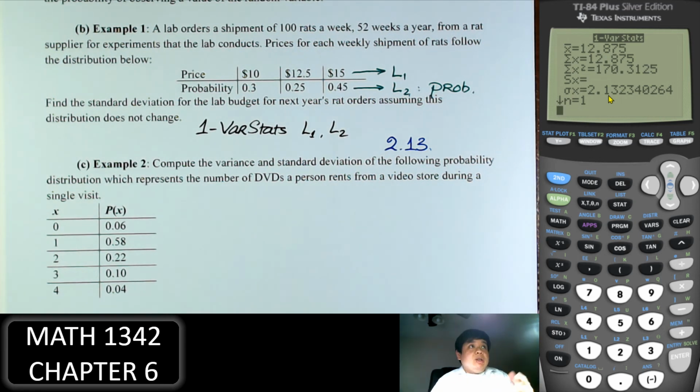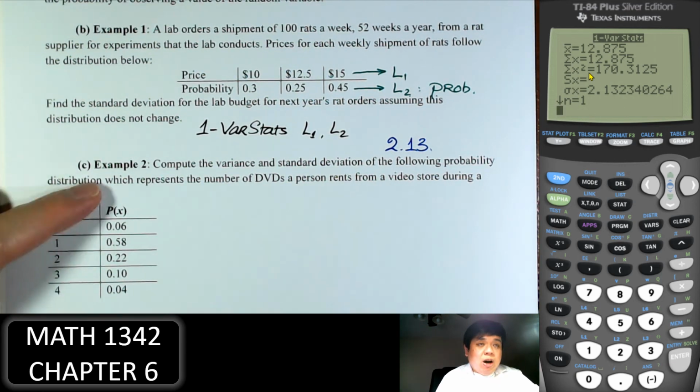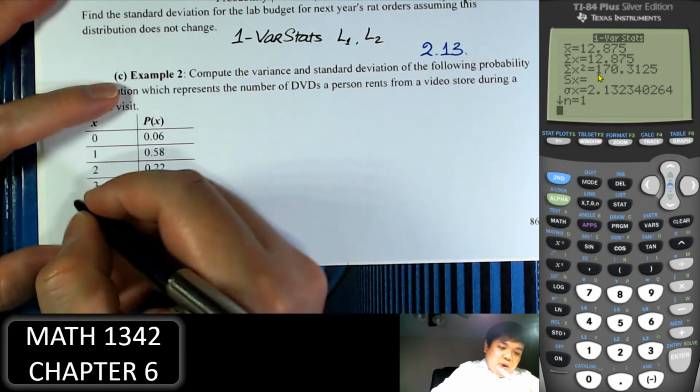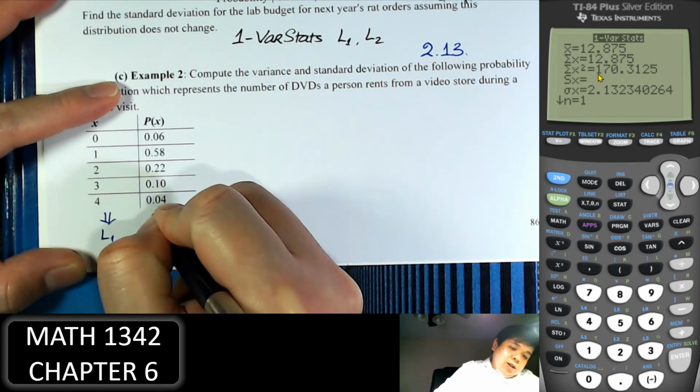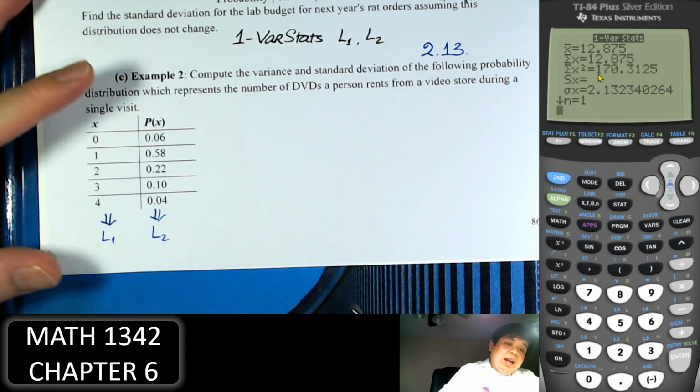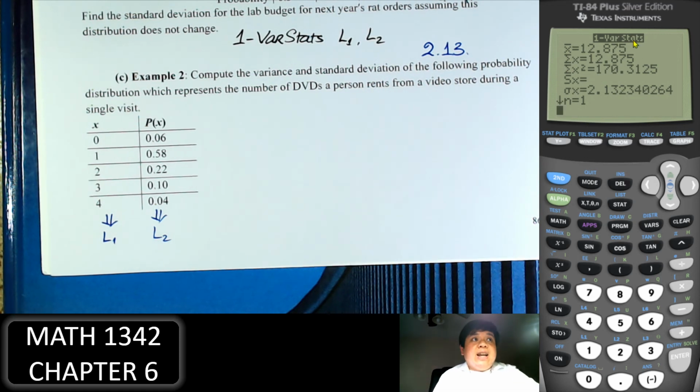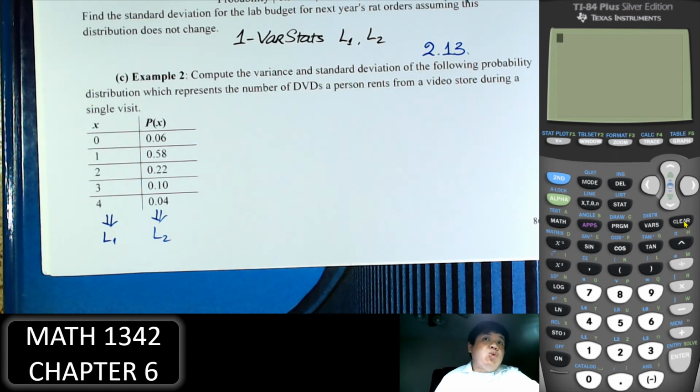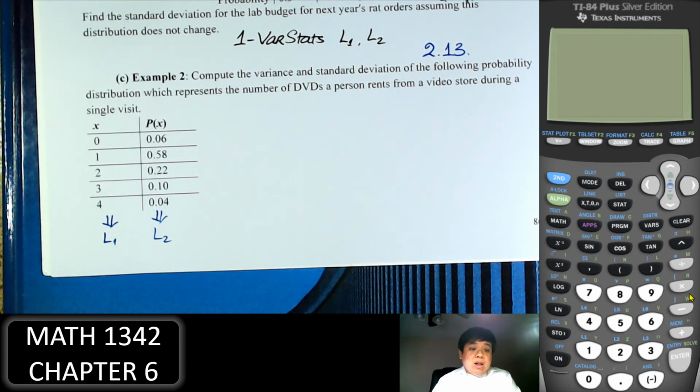If we want the variance, we're just going to square that. Right. So again, list 1, list 2. I put this in list 1, put this in list 2, and then do one variable statistics. Get the standard deviation, square that, and we get the variance.